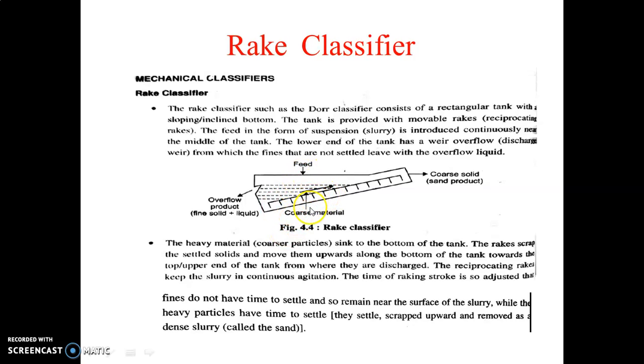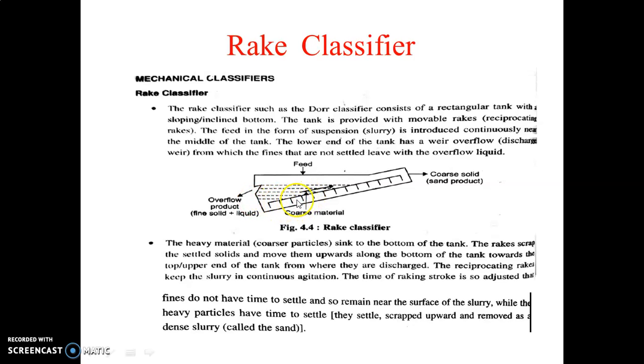Then the heavy material, that means coarse material, settles or sinks at the bottom. The larger size material is settled at the bottom of the tank, and this is the rake.